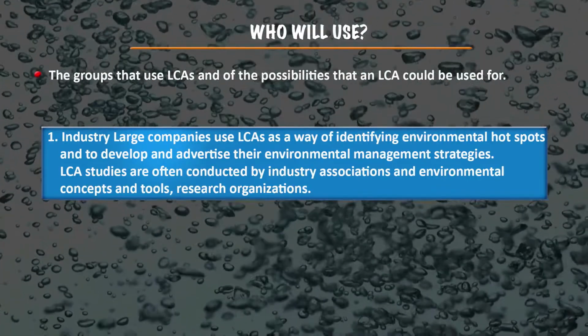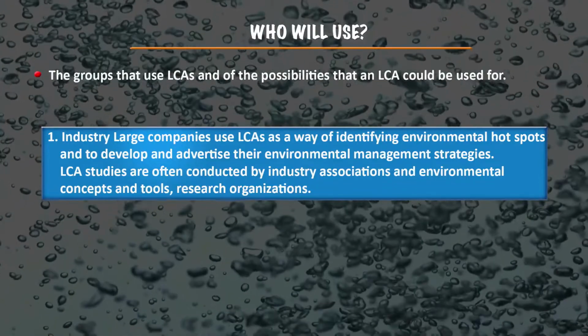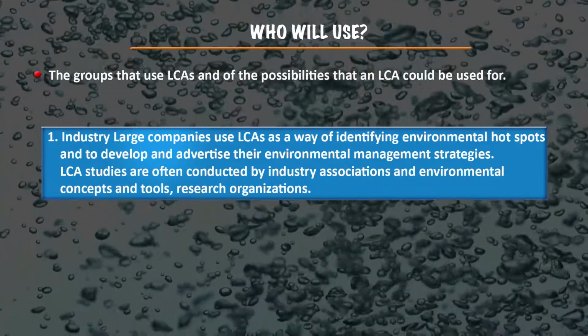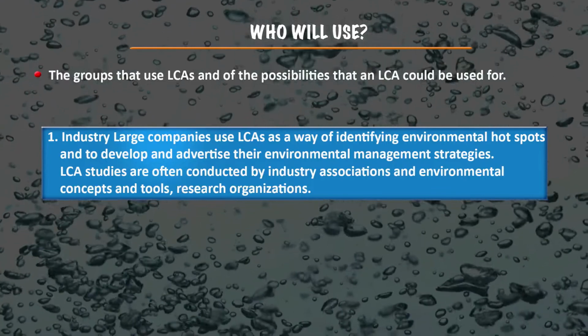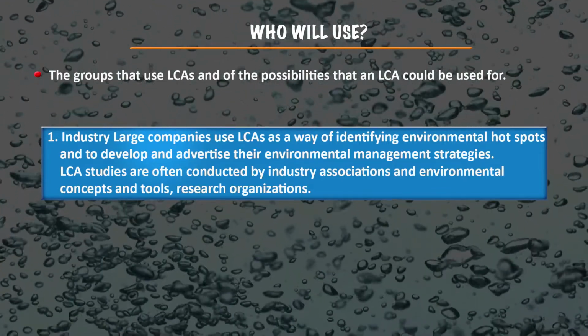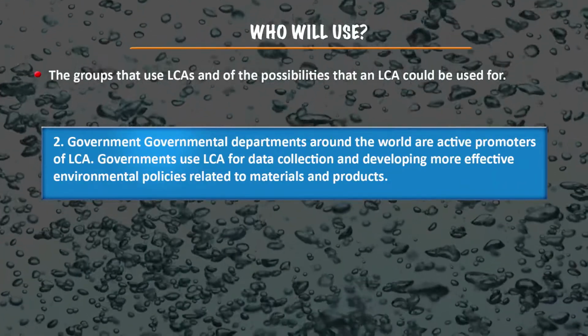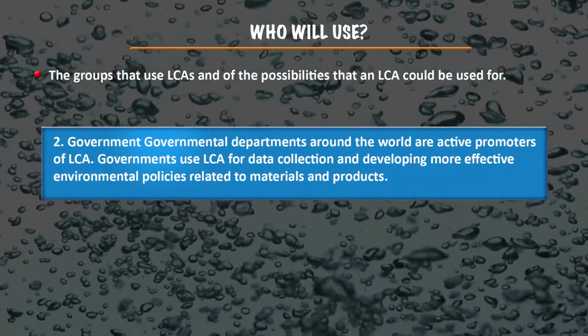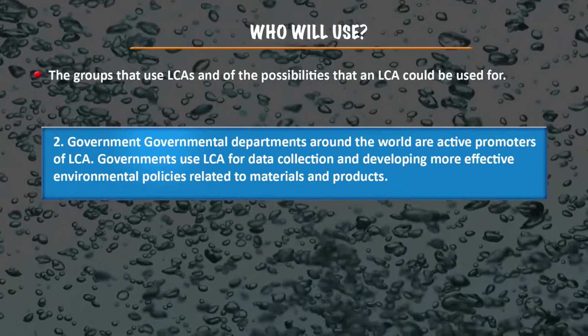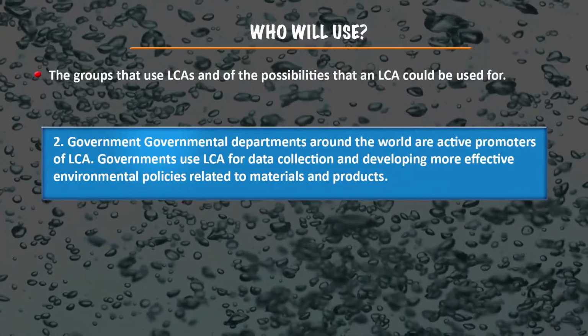Life cycle assessment studies are normally conducted by industrial associations and environmental concepts and tools research organizations. Governmental departments around the globe are also active promoters of life cycle assessment.